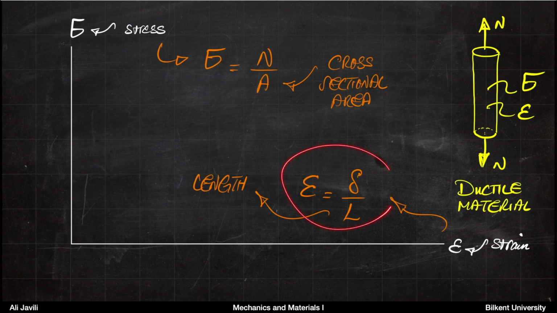For strain, you get epsilon equal delta divided by L. Again, delta just corresponds to the change of length, and that is essentially the final length minus initial length. And also I remind you that this is dimensionless.